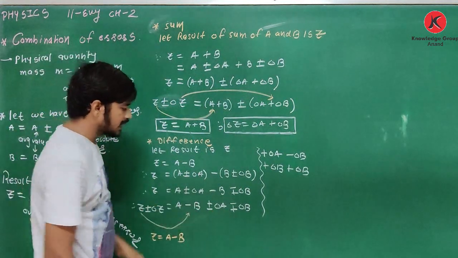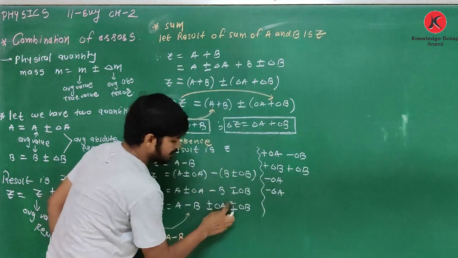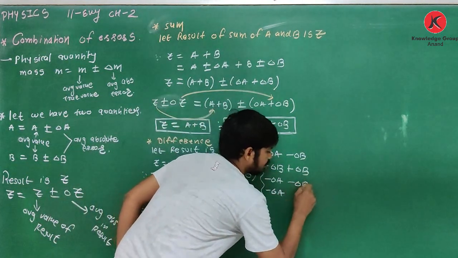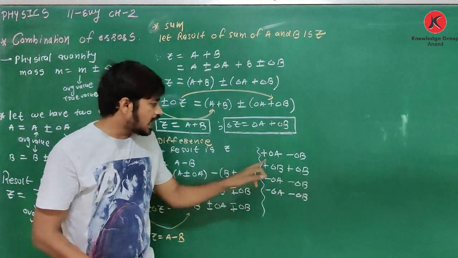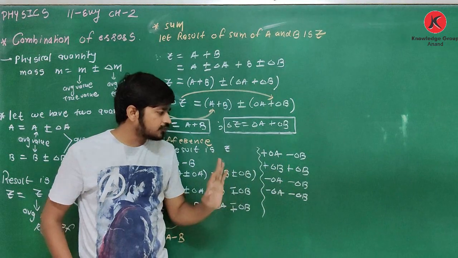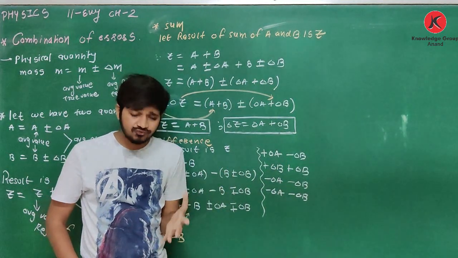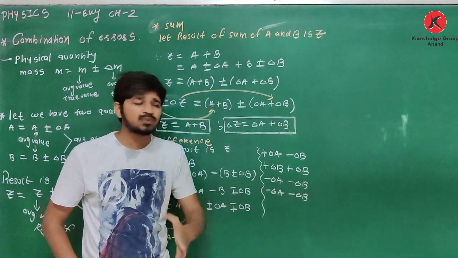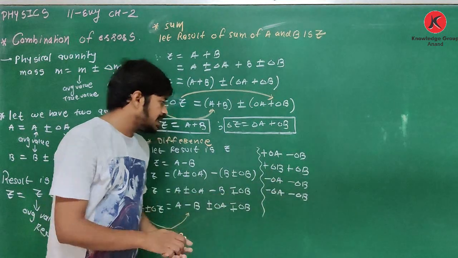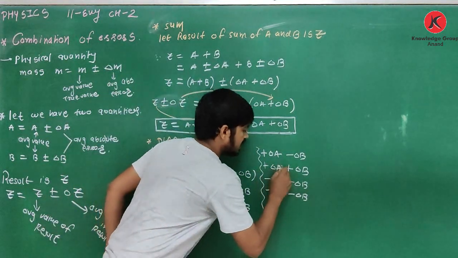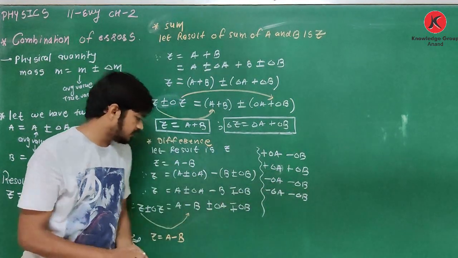Now I will take the minus sign of delta A, minus delta A. Again minus and plus sign, minus delta B. So give me the answer. Out of these 4 probabilities, which one will have the maximum value? Delta A minus delta B, delta A plus delta B, minus delta A plus delta B, minus delta A minus delta B. Yes or no?